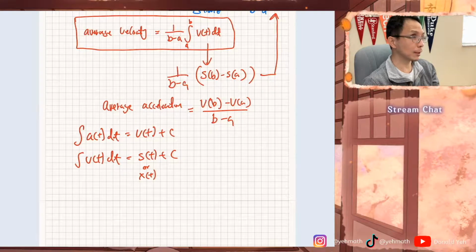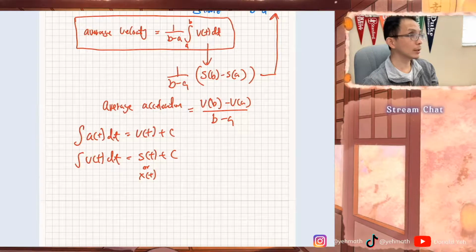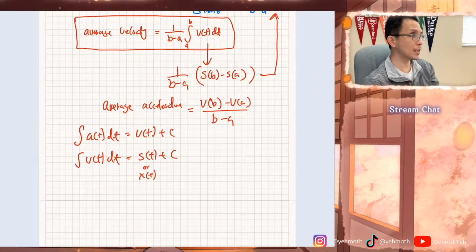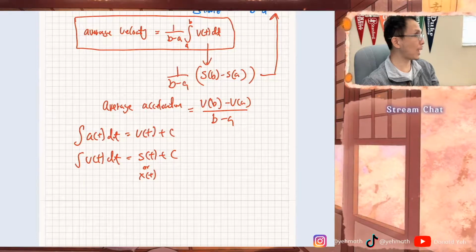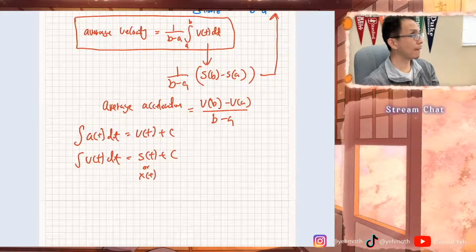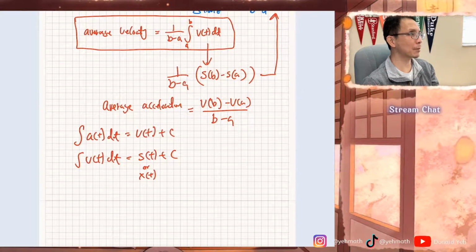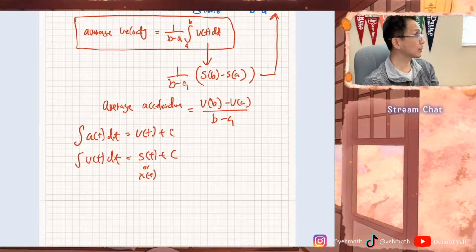Have I confused you at any moment here? Okay. Those of you who take physics should know the difference between speed and velocity. Can you tell me the difference between speed and velocity in terms of math? If somebody asks you what the difference between speed and velocity is, how would you say? Yes, Sarah Jung.